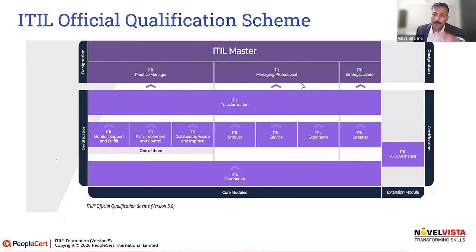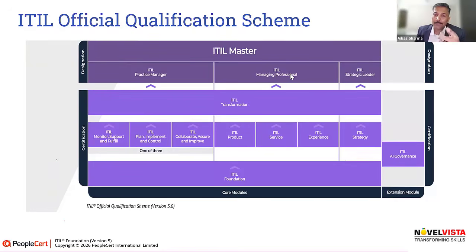You're already a managing professional and strategic leader on version 4, is it? Yeah, exactly. Now, if you want to be an ITIL strategic leader on version 5, then transformation is good enough. So you can do the transformation. But if you want to be managing professional on version 5, then the transition course will come. That transition course is not yet there. Even transformation is not there yet. It's going to come in May.